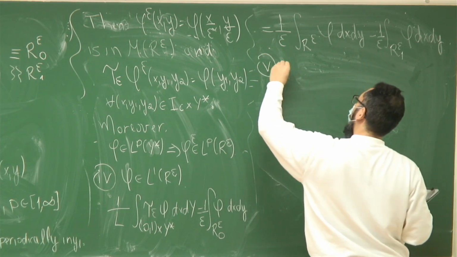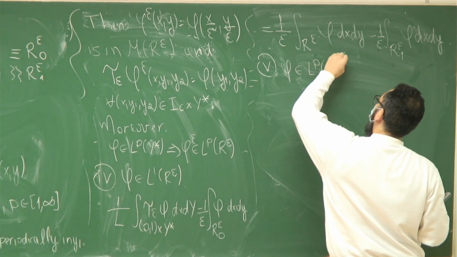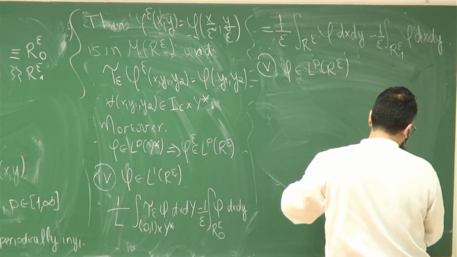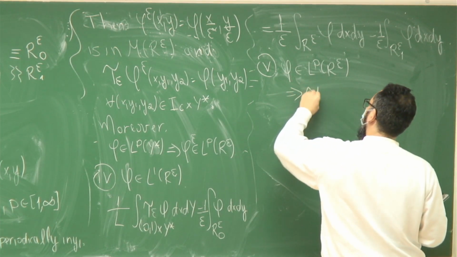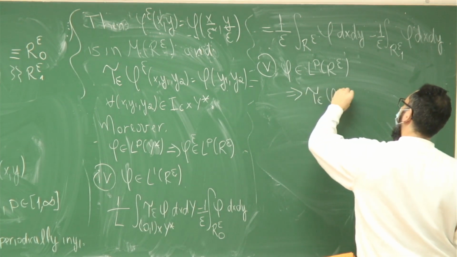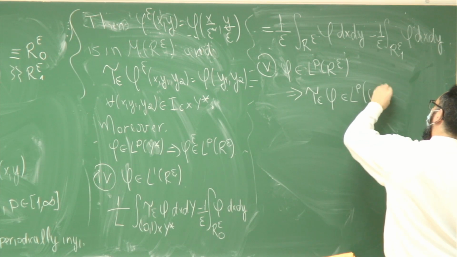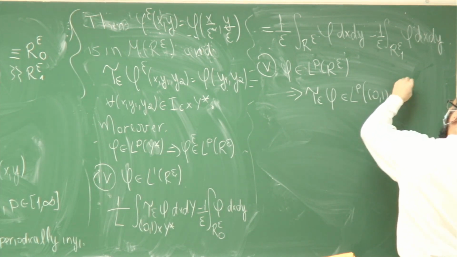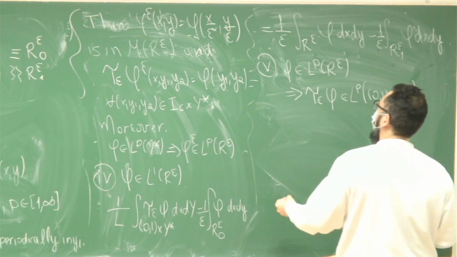So, if the function is in LP of R epsilon, then the unfolded phi is in an LP times y star, as expected.